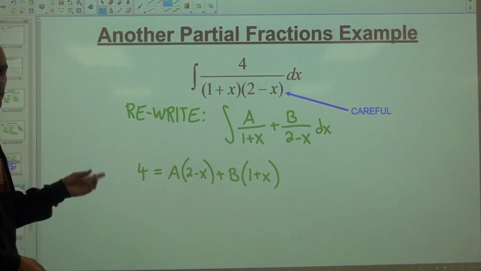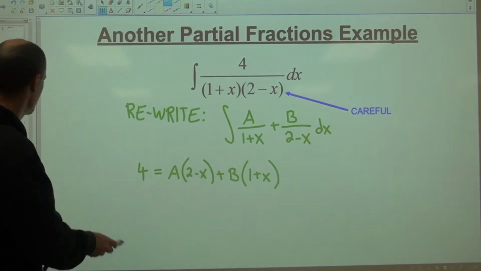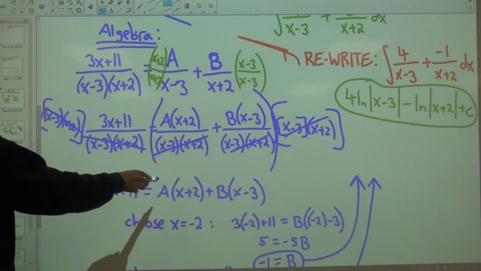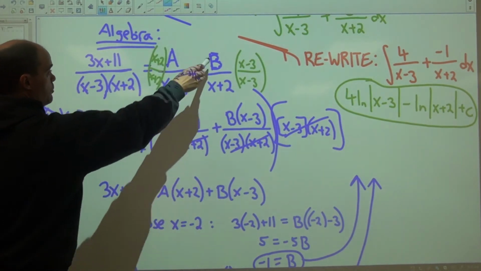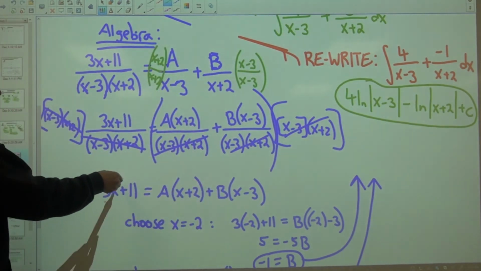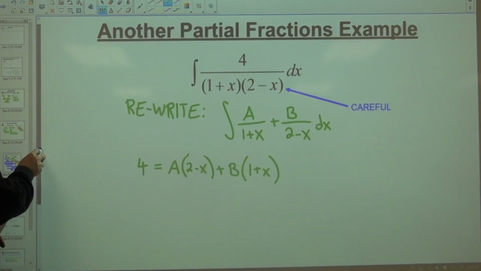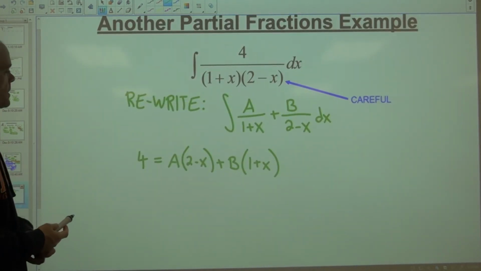You guys can jump right to that. If that doesn't make sense, go back and follow what we did here. A times the other denominator, B times the other denominator equals the numerator. That's always how it's going to work out 100% of the time. So let's not waste time writing out unnecessary algebra.